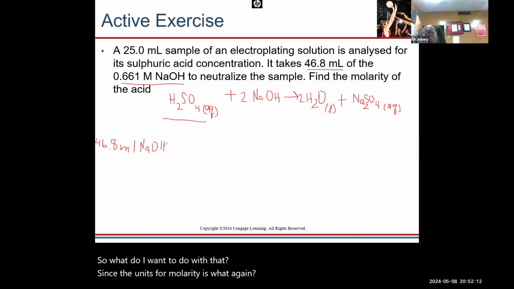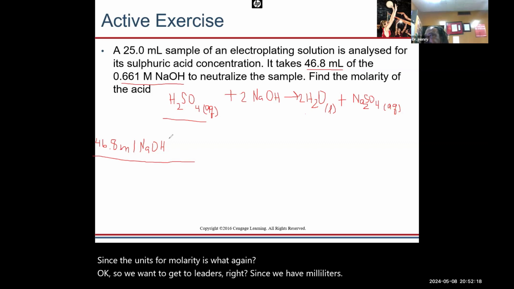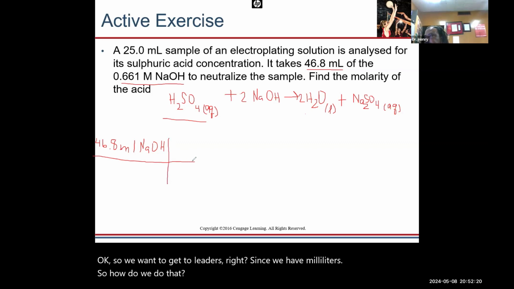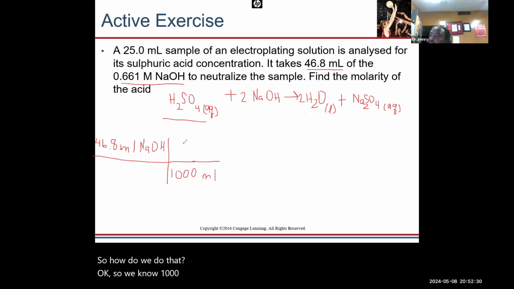Okay. So we want to get to liters, right? Since we have milliliters. So how do we do that? We gotta turn milliliters into liters. Okay. So we know 1,000 milliliters will equal 1 liter.